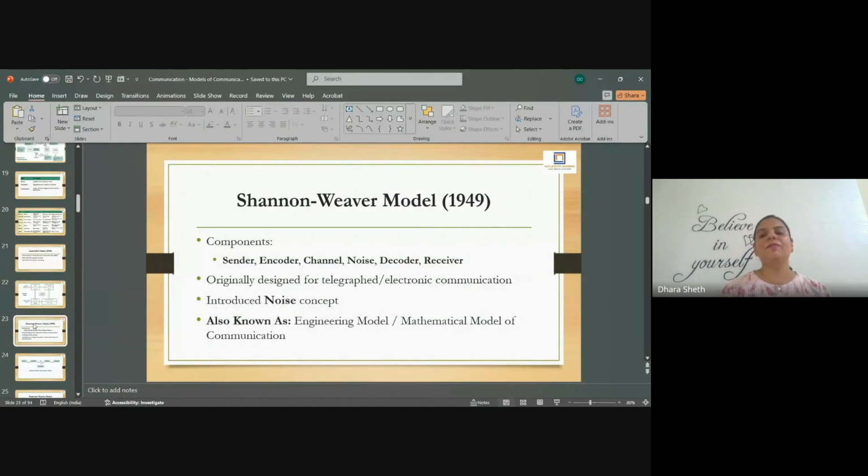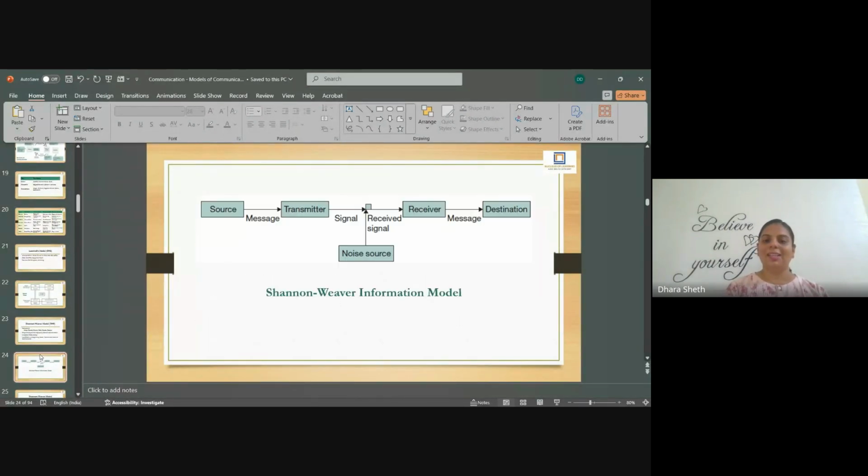Shannon-Weaver model 1949 is also a linear model, one-way communication, but there is an addition of a noise source. When someone sends a message, in the channel, a noise source is added. This noise could be physical, actual noise, or it could be a psychological barrier.